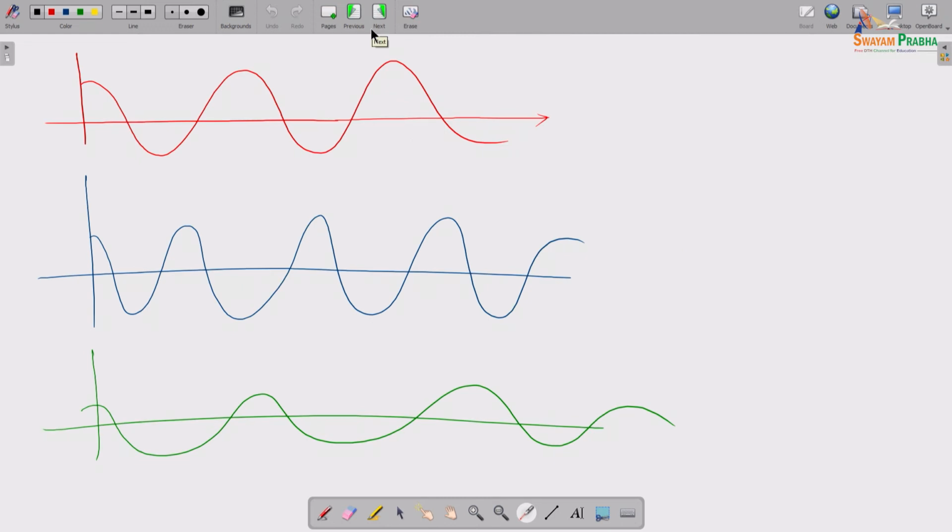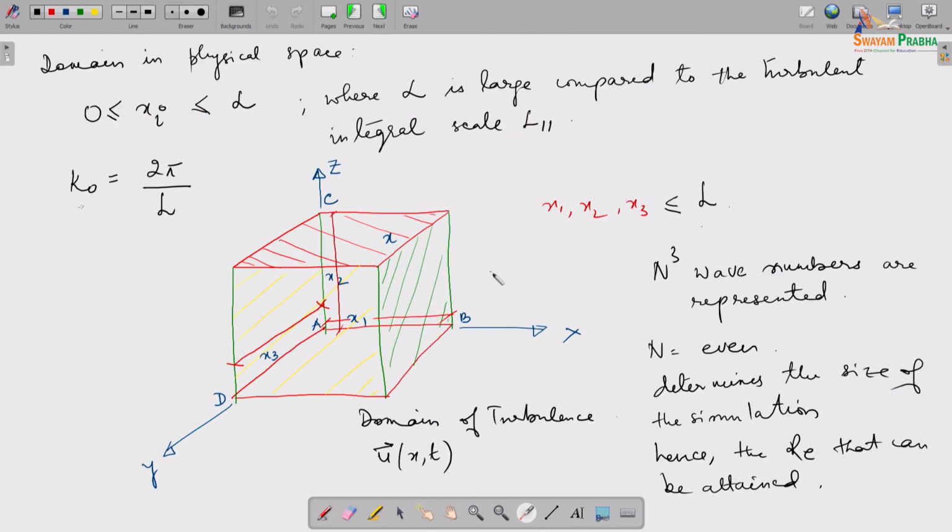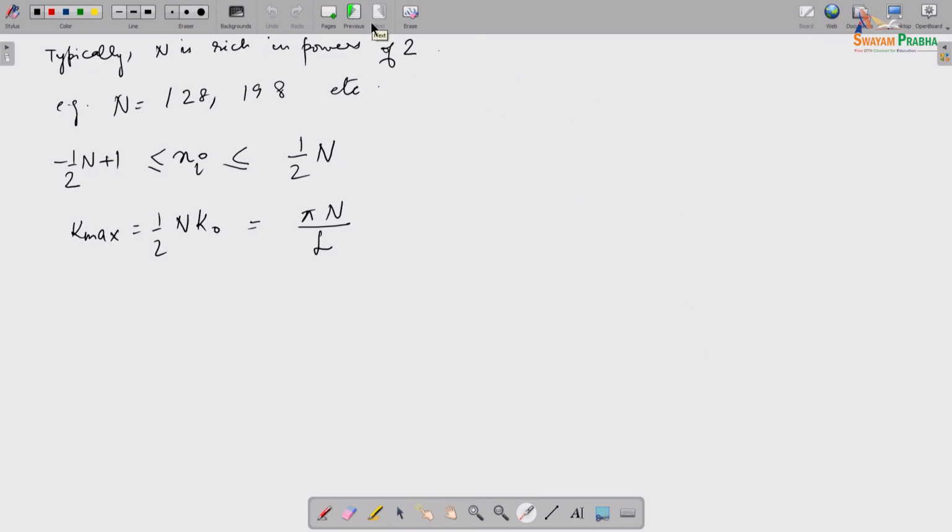In this domain, a cubic space, and how many of those do I take? Well, it's N cubed. If I do a solution based on those, I seem to get accurate results. That's why DNS is so popular. However, it's a lot of calculation, so it is very expensive. But it's also straightforward, as you can see.